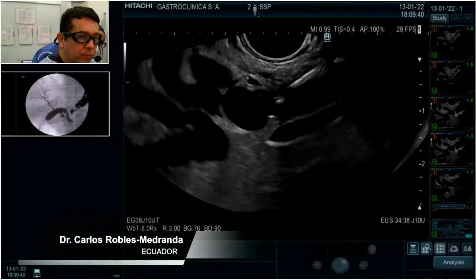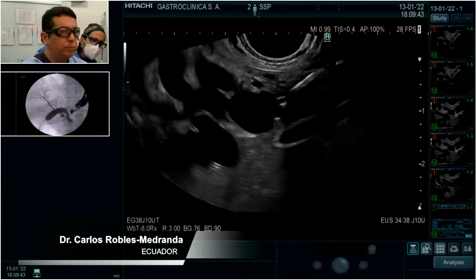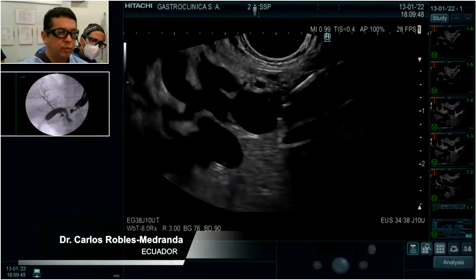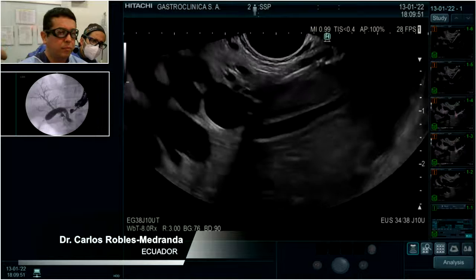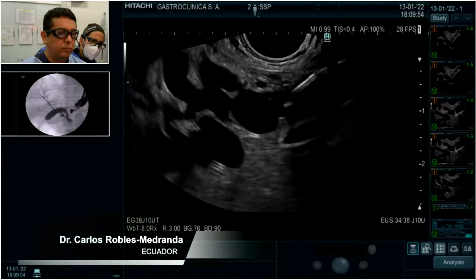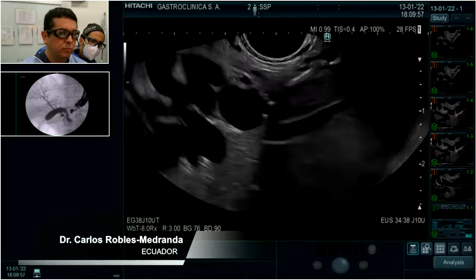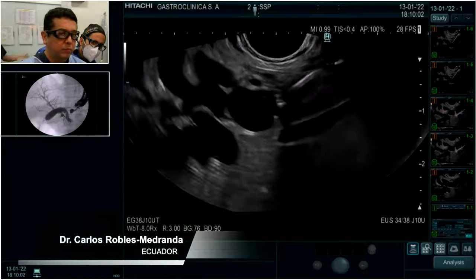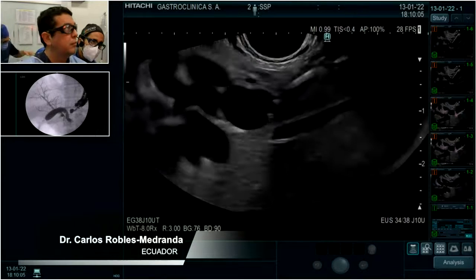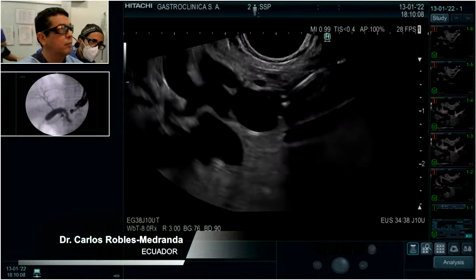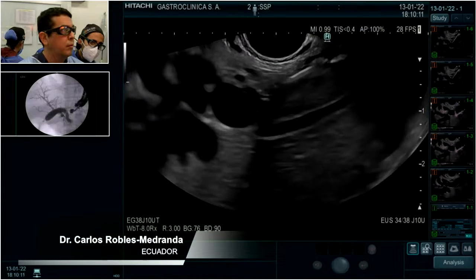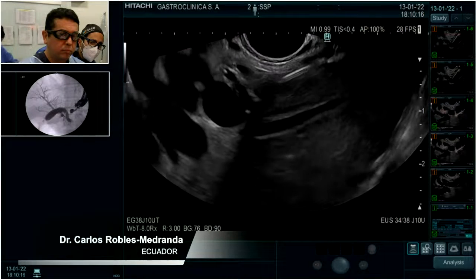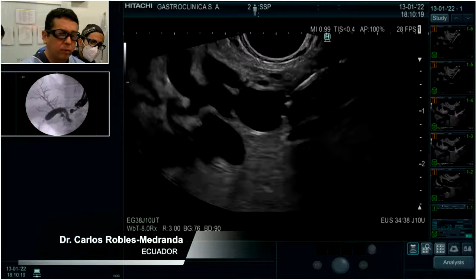Ahí ve. 10 por 10. ¿Me puedes preparar un colangioscopio de 9 milímetros?